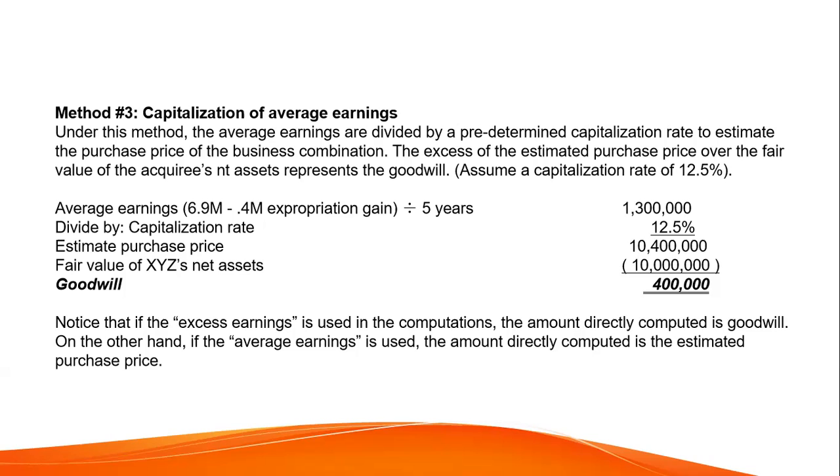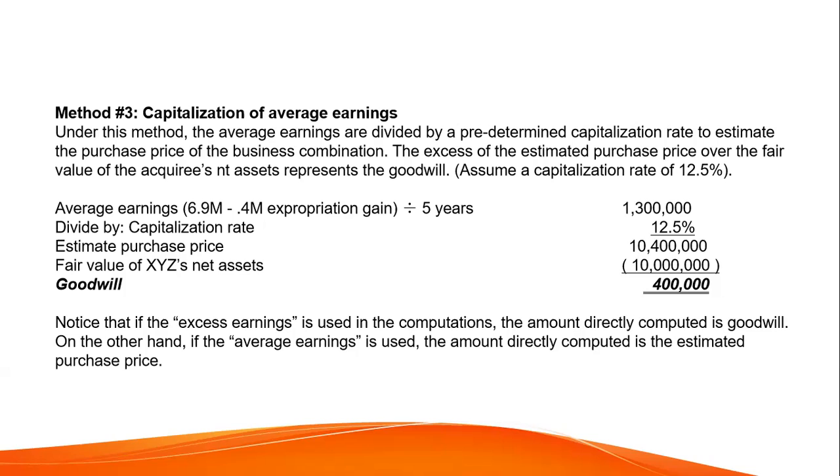Okay, so we have now the average earnings of 6.9 million minus 400,000. We now get the result of 6.5 million, and we divide this by a period of 5 years, giving us the average earnings of 1.3 million. 1.3 million, and then the capitalization rate we are using is 12.5%.